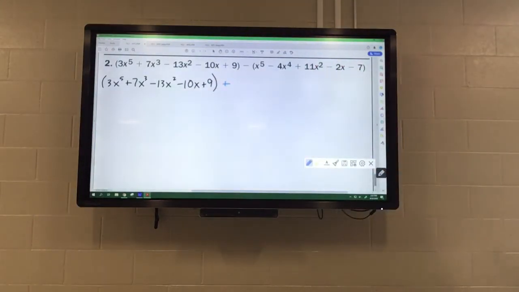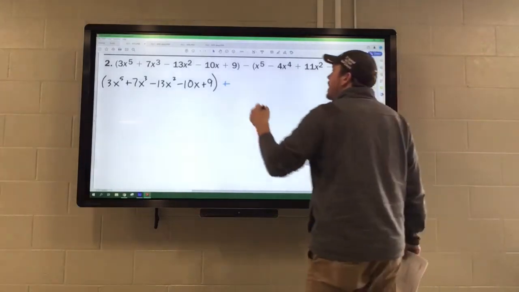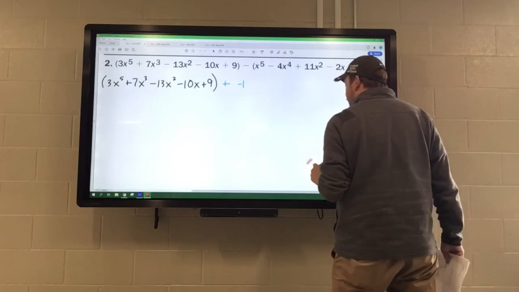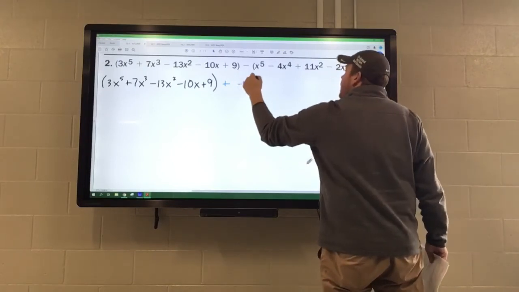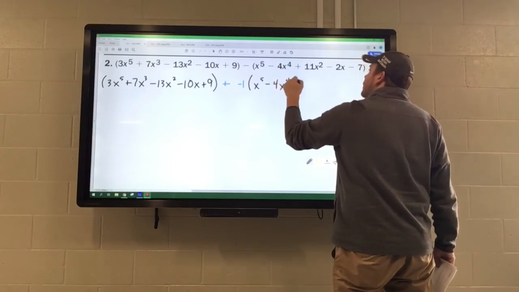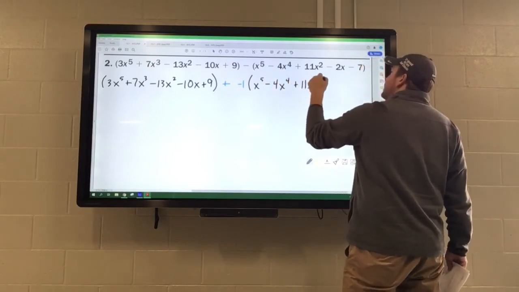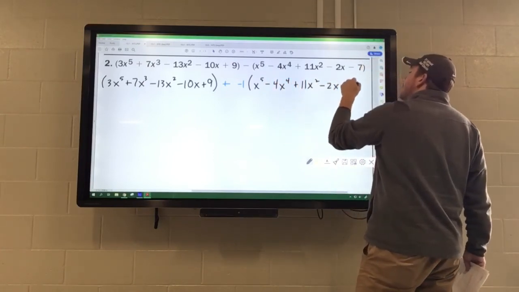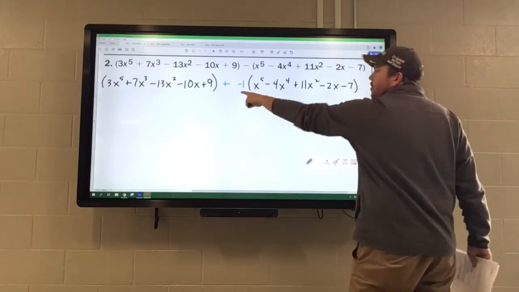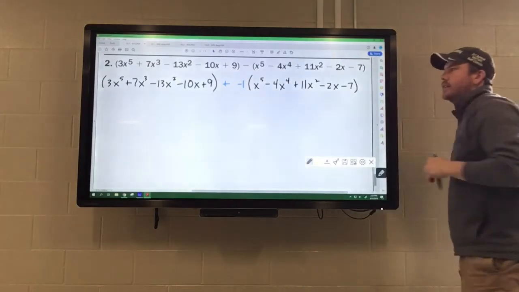But we can't just change it to add. We need to make sure that we add the opposite. So I'm going to need to multiply every single one of these terms by a negative 1. All right, so I'm going to distribute this negative 1 to every single term.